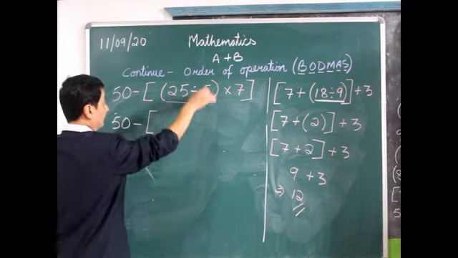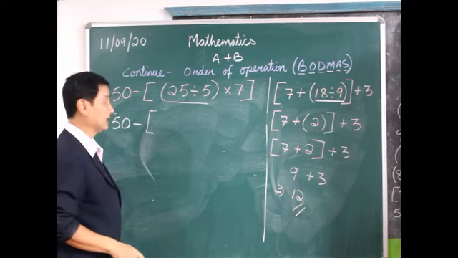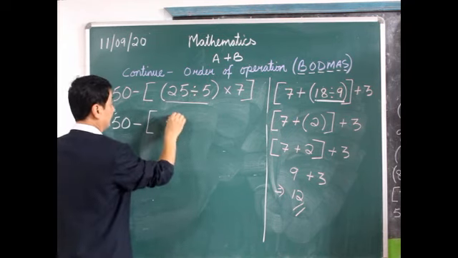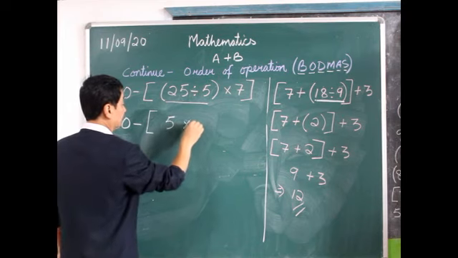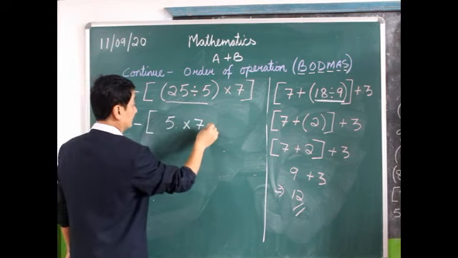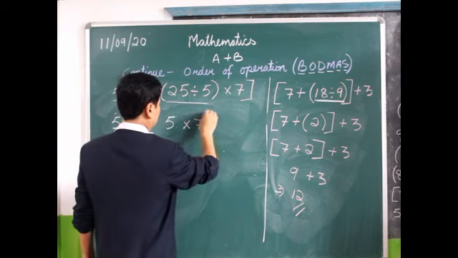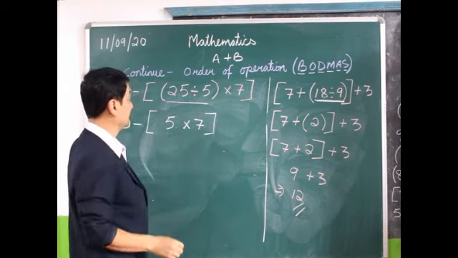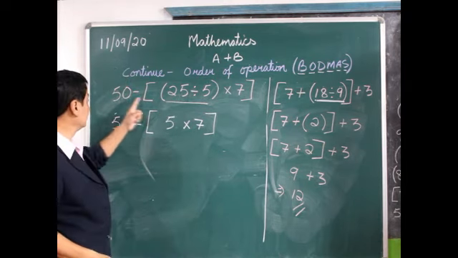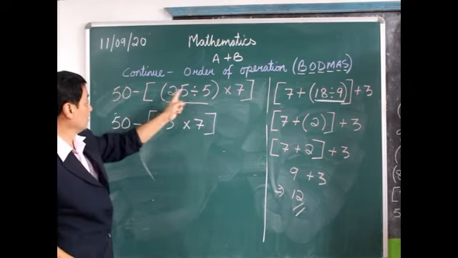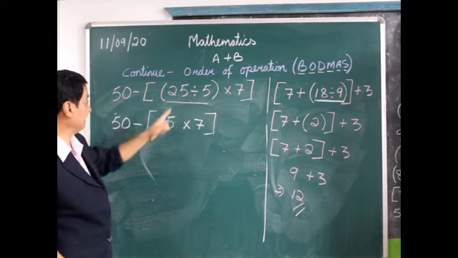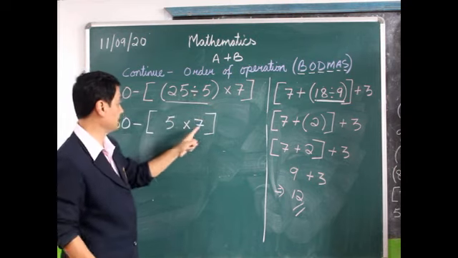So this number remains the same, 50 minus. We can open this bracket because we get a single number. 5 goes in 25 how many times? 5 times. And then this sign into 7. And close the bracket. Okay, did you understand this? 50 minus, we have opened the bracket, we have done the sum, 5 into 5 times, and this 7 comes here.